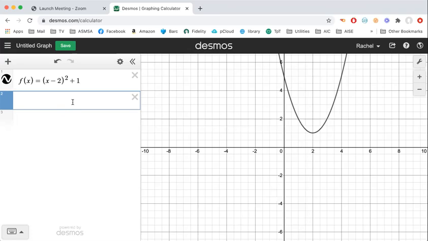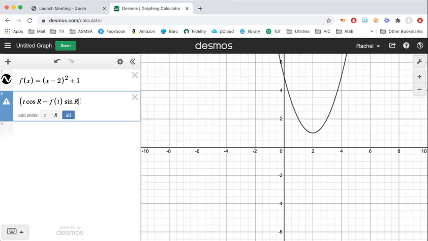There's a couple of formulas that you can use, but the one I found that works on Desmos the easiest is to make this an ordered pair point. My x value of this parametric equation is defined by t cosine of, and identify a variable, I'll do r for rotation angle, minus f, and I'm using f because my function is called f of x, but instead of using x, we'll use the variable t, so f of t times the sine of r, comma.